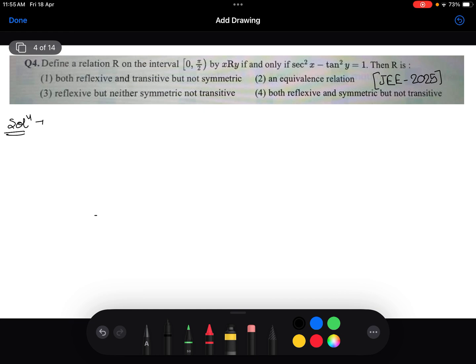Let us check for reflexivity. When we say a relation is reflexive, it means that for all x belonging to the set, (x, x) needs to be in the relation.